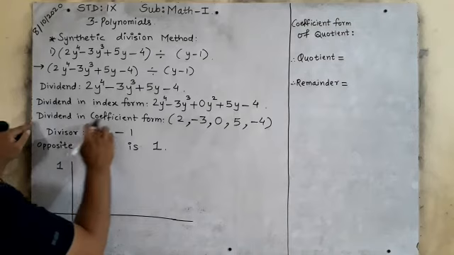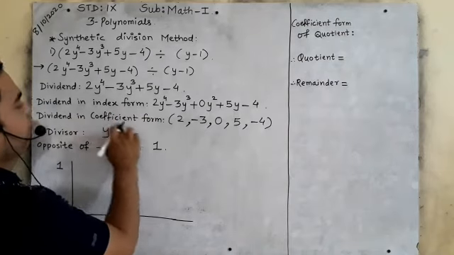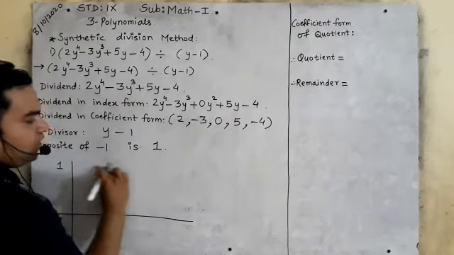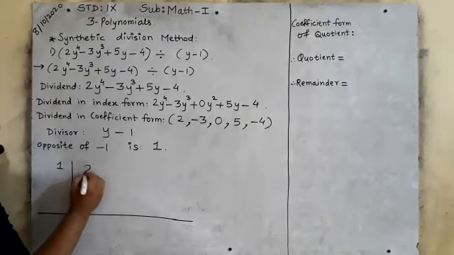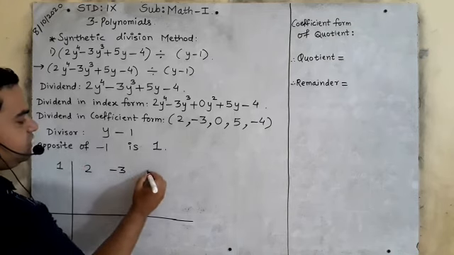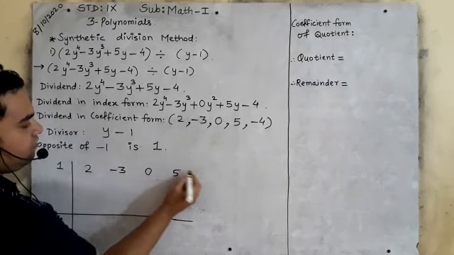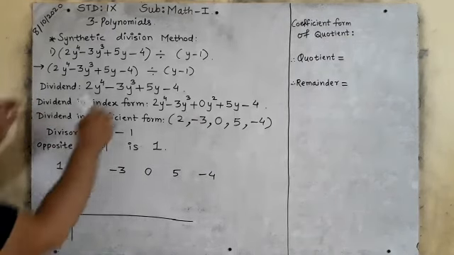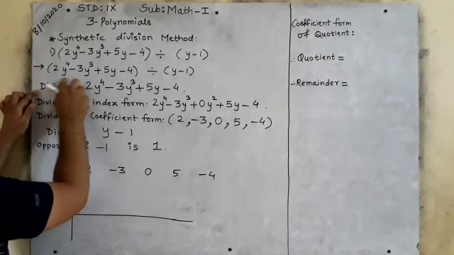Then write the coefficients of the dividend in the line above: here 2, minus 3, 0, 5 and minus 4. Keep a little distance between them. Again I am saying, first write the question as it is. Write the dividend.